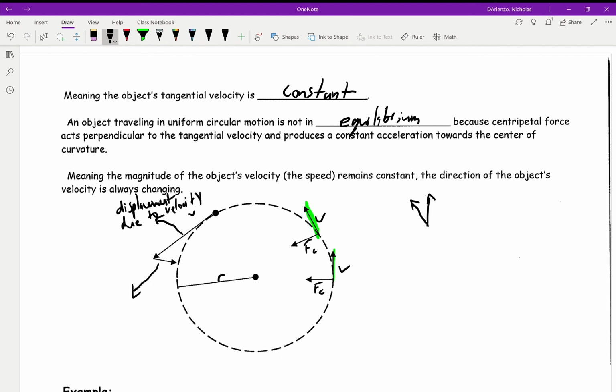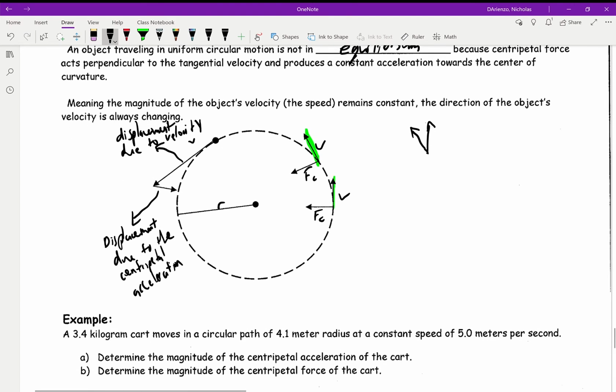And this little portion here is our displacement due to the centripetal acceleration. So as the object moves around the circle, its velocity is constantly changing, and its acceleration is constantly changing as well, because the direction of the acceleration continues to change as the object moves around the circle.